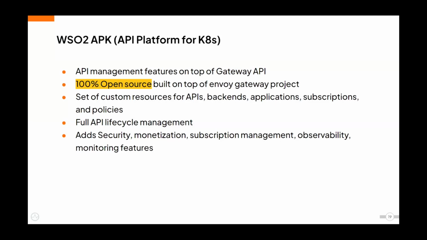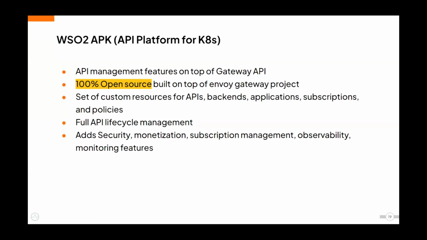So that is the idea behind this WSO2 APK. APK stands for API Platform for Kubernetes, right? It provides API management features on top of Gateway API, and it is 100% open source, and it is based on the Envoy Gateway project, right?